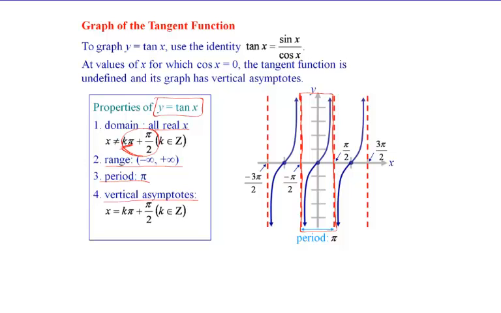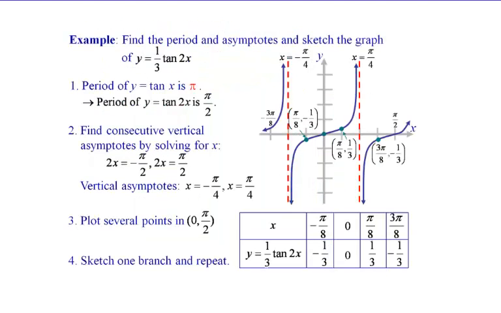Please remember we have the identity where tangent is sine over cosine. So we need to ask ourselves, what kind of changes to the graph of the parent tangent function are those two things going to bring about? First of all, this coefficient is going to affect how high our highs go and how low our lows go.